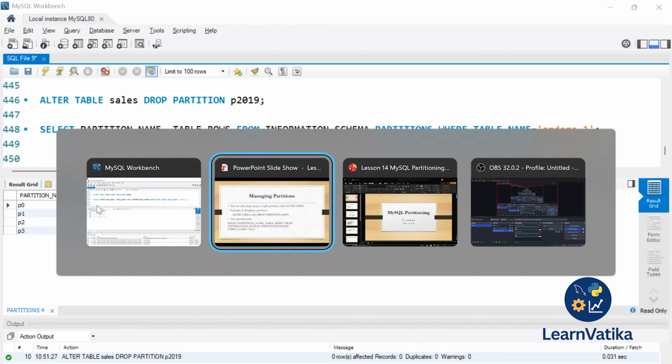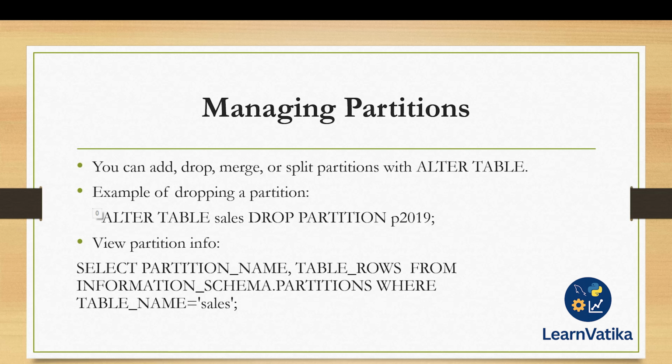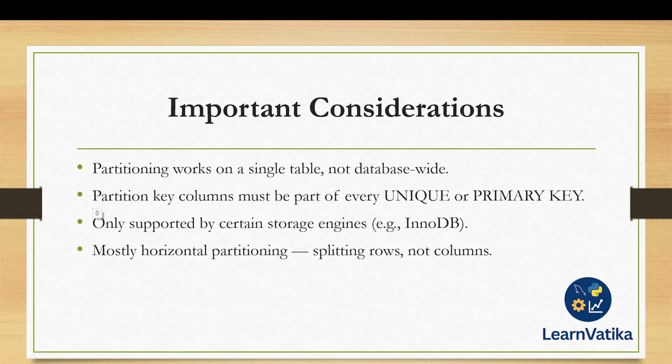So in this way we can manipulate the partitions. The important considerations while creating a partition on a table are: partitioning is done on a single table basis, and it is not database-wide. Partition key columns must be part of every unique or primary key in a table, and not all storage engines support partitioning.